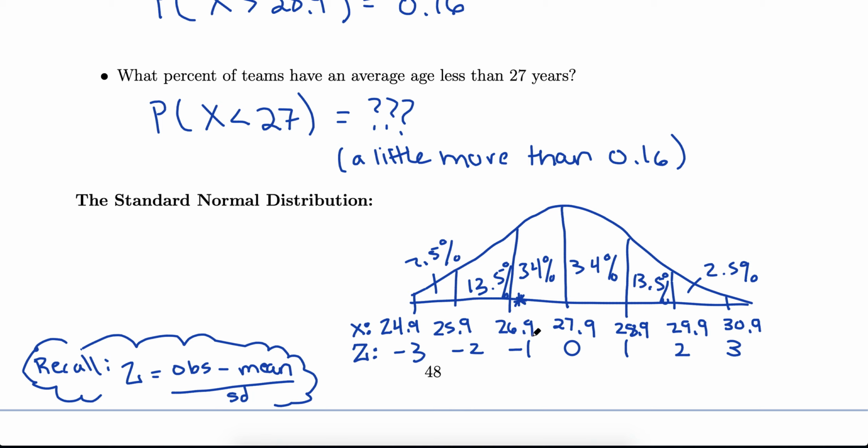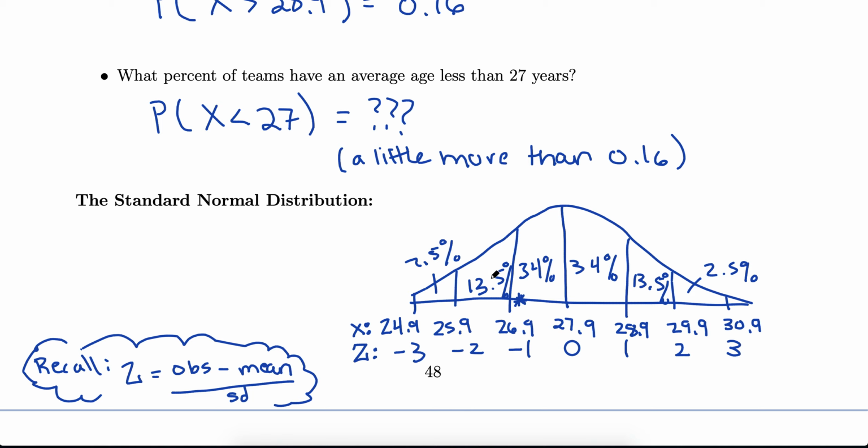And if you want to double check, take this observation, subtract 27.9, divide by 1, you'll get -1. All right, so our goal is to be able to find area under the curve, not just for these boring 1, 2, or 3 standard deviations away, but for any number in here.